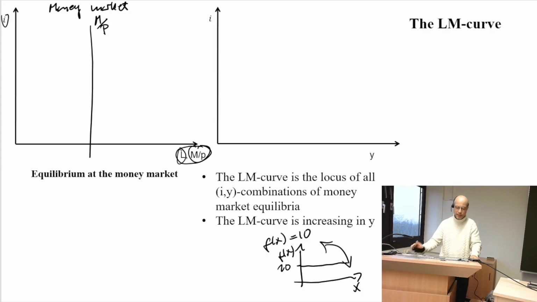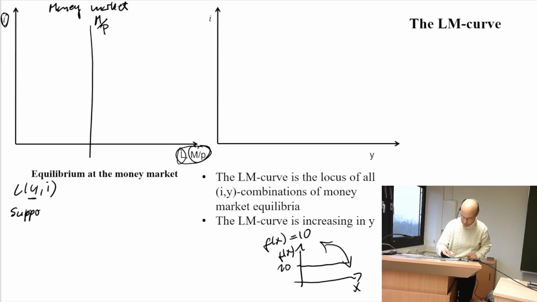And now, since we have only interest rates here, we also suppose, like in the argumentation in the commodity market, that we fix not the interest rates but, in L of Y and I, the income at a specific number. Suppose Y equals some fixed number Y1.